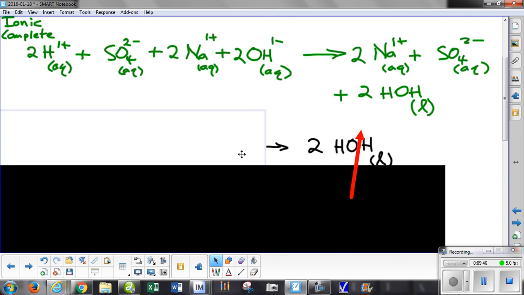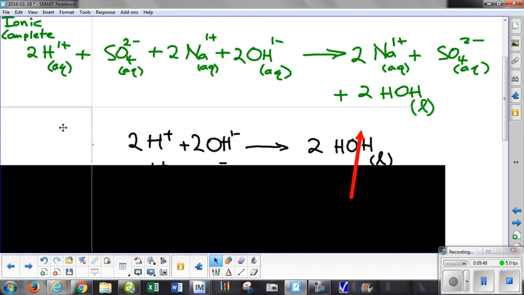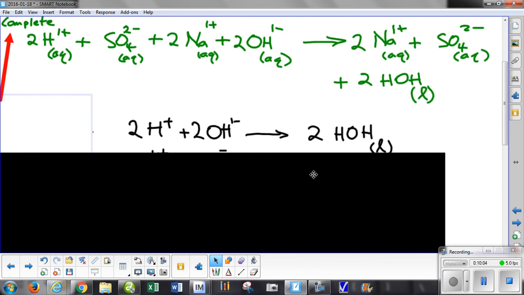Okay? And so we look for those in the balanced equation, the balanced net ionic equation. And so we have 2 hydrogens and 2 hydroxides, just like we did in the complete ionic equation. But what's wrong with this? Do I have the lowest possible ratio? I do not.